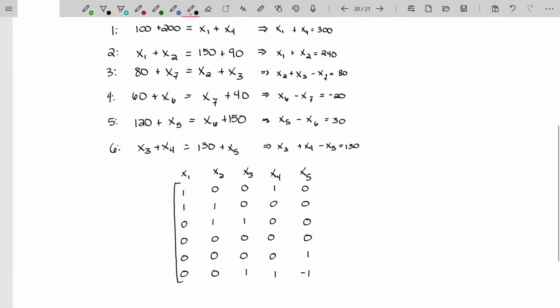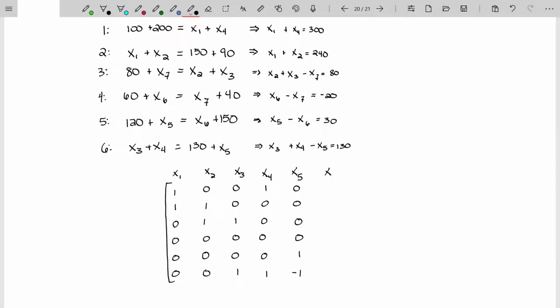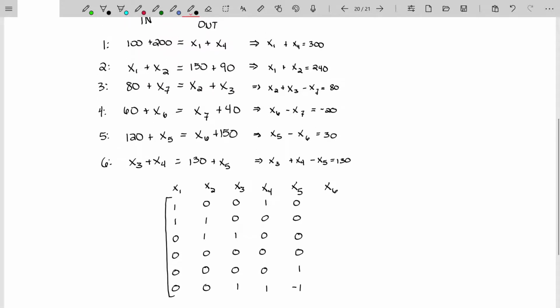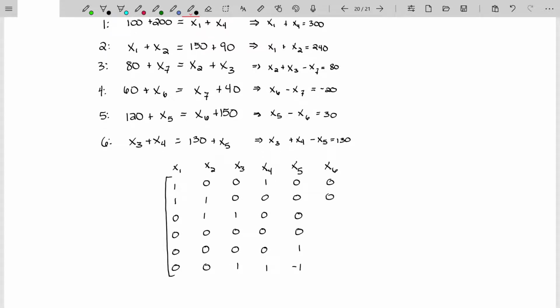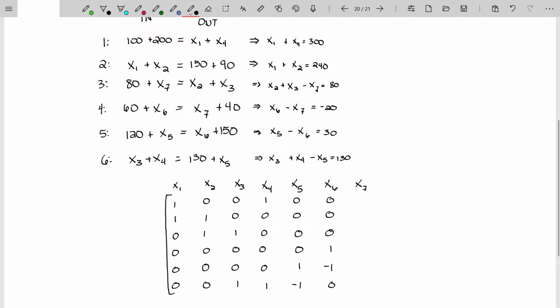And let's see, x sub 6 column, we have zeros, 1, negative 1. Okay, 3 zeros, a 1, and a negative 1, and a 0. And then finally, x sub 7 column. A bunch of zeros, 2 zeros at least, a negative 1, a negative 1, a 0, and a 0.